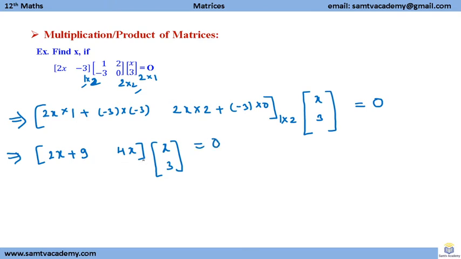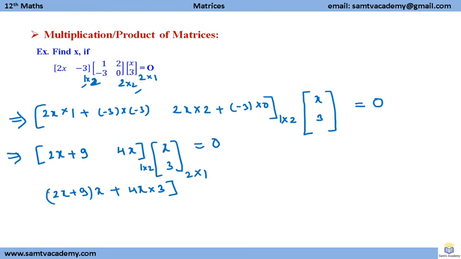Okay, and next we will write this matrix equal to null matrix. So here also this is a 1 by 2 matrix, this is a 2 by 1 matrix. Here column is equal to row and what will be the order of the product after multiplying? 1 by 1. So now let's multiply these two as it is defined. So 2x plus 9 into x plus 4x into 3.